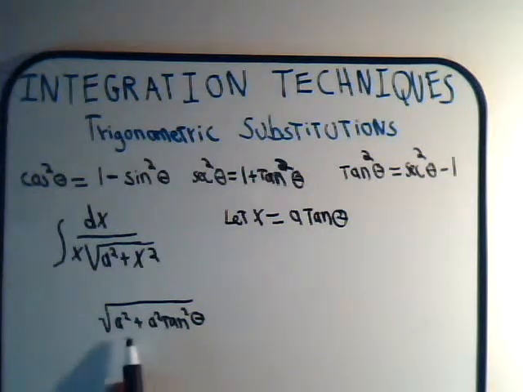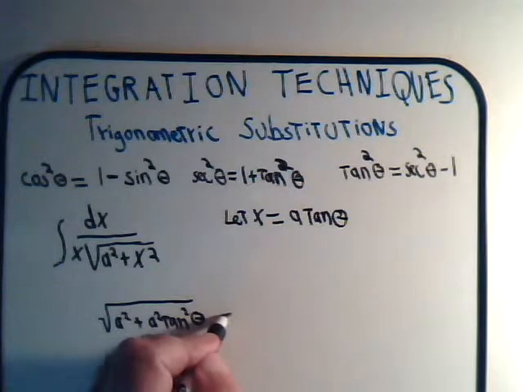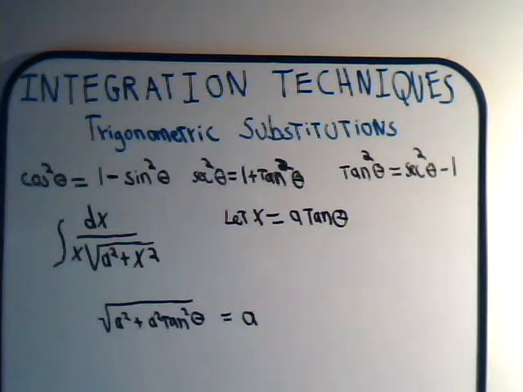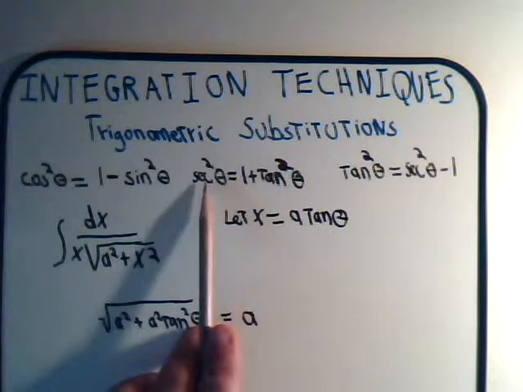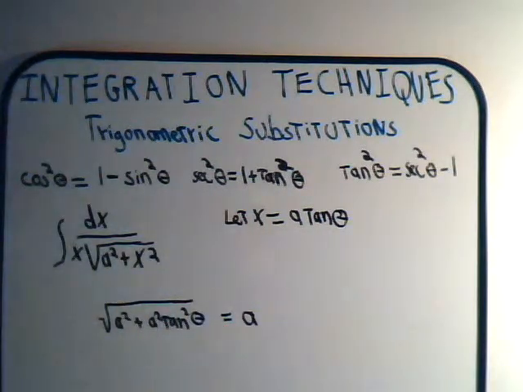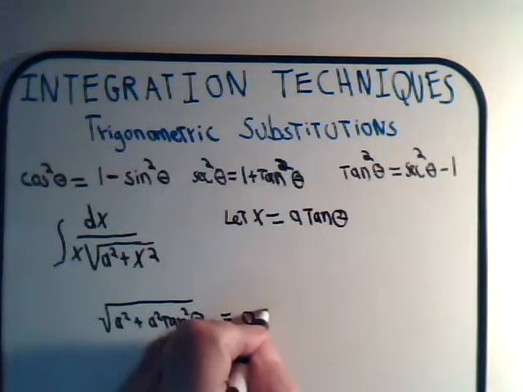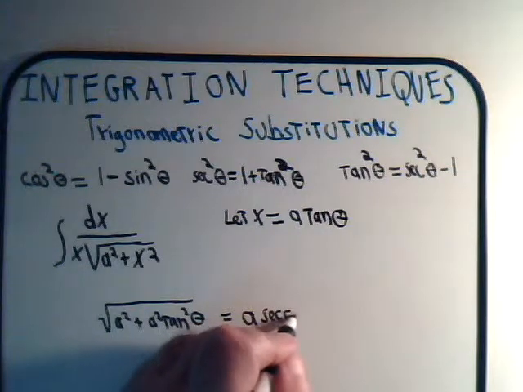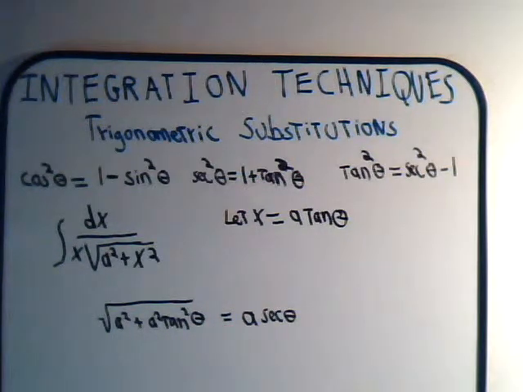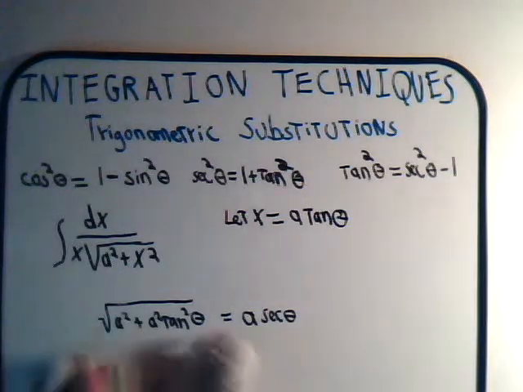And we can factor the a out of this and take it to the outside of the square root sign. That will give us a. And inside of the square root sign, we'll have 1 plus tangent squared of theta. That's the secant squared of theta. We're going to take the square root of that. So we get a times the secant of theta for this part of the integral right here.